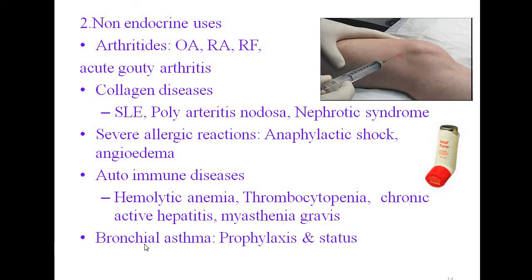In bronchial asthma, inhaled corticosteroids are used in prophylaxis and also as part of the treatment of severe acute asthma or status asthmaticus, mainly for its anti-inflammatory role.